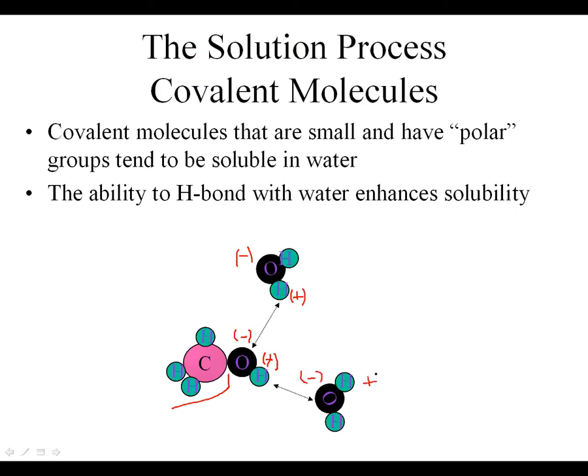So again, these interactions between these two different molecules, one being water, one being methanol, they're able to still interact with each other through those intermolecular forces like we were talking about in the previous chapter, also hydrogen bonding here.